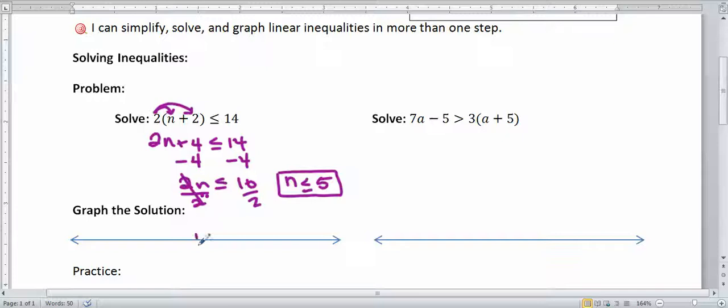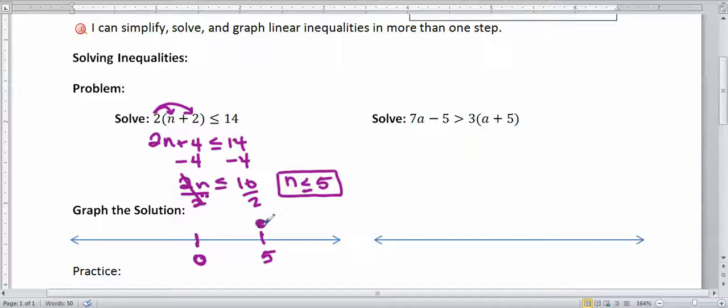So, start by putting the most important point, which is 0. That's our reference. And then the points that we're concerned with. So 5. It's less than or equal to. So remember, if it's got a line underneath, think about it. Which circle do I need? Open or closed? The one you should be thinking about is closed circle.